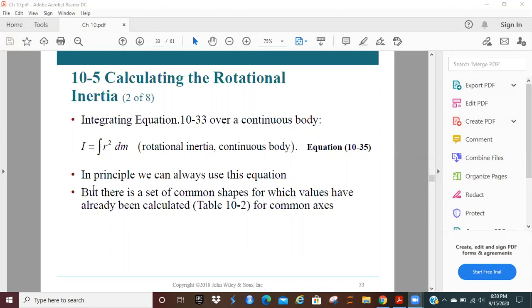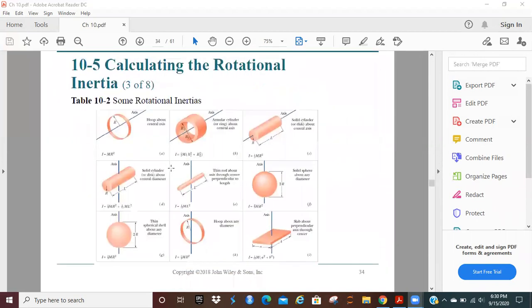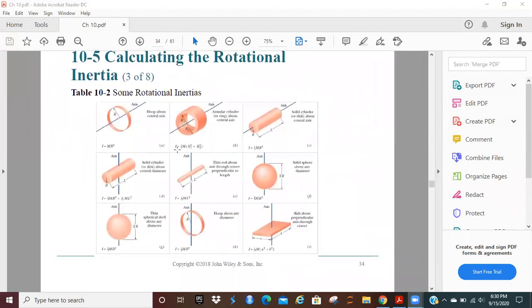So we have a set of common shapes for which values have already been calculated because we're nice like that. If you want to work through the math of some of these things, it's worthwhile to do if you've got buckets of spare time to do so. But you can kind of see, you've got your axis, you've got how this is oriented. You can see the differences here and how that moment of inertia comes about.